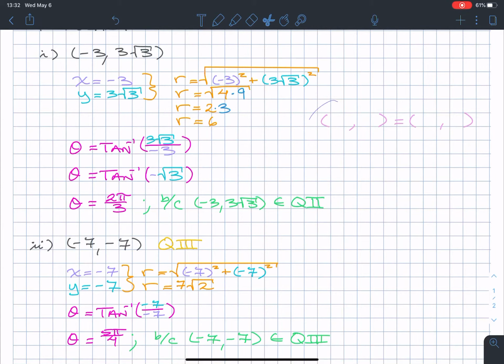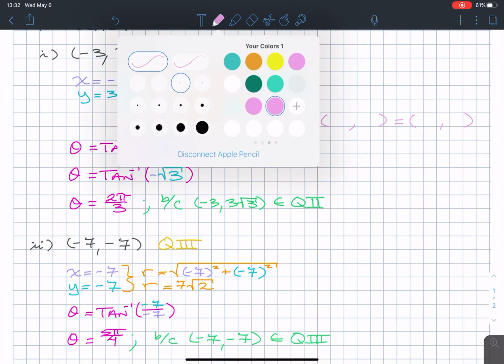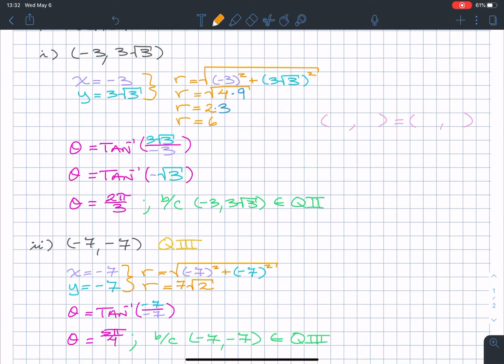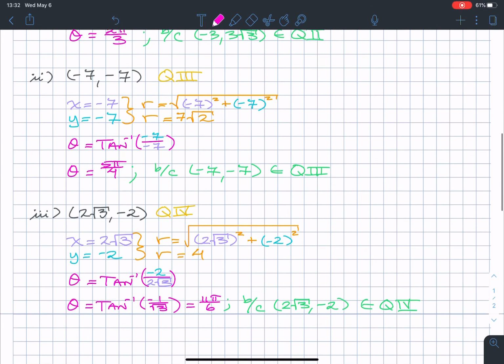Okay, let me copy and paste this. So we have that the radius here is 6, and the angle theta is 2 pi over 3. So that's the polar form of the coordinate in the first case.